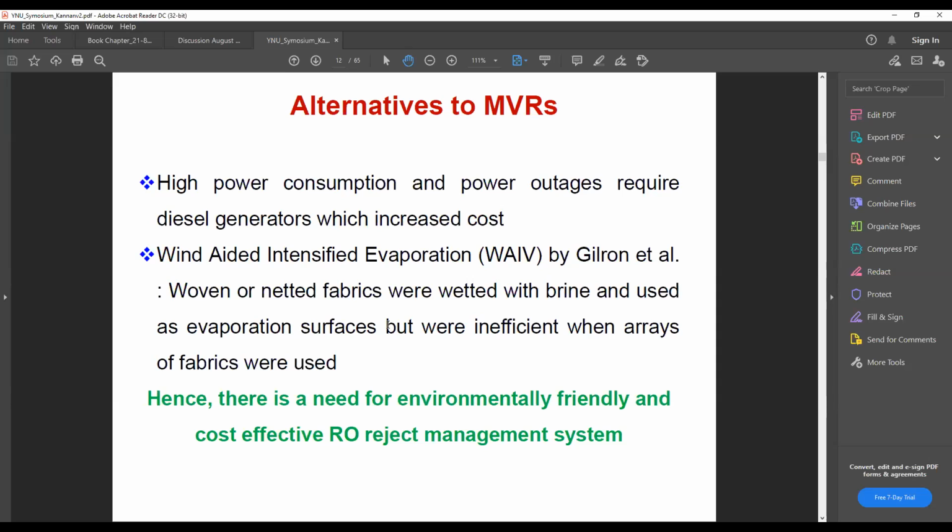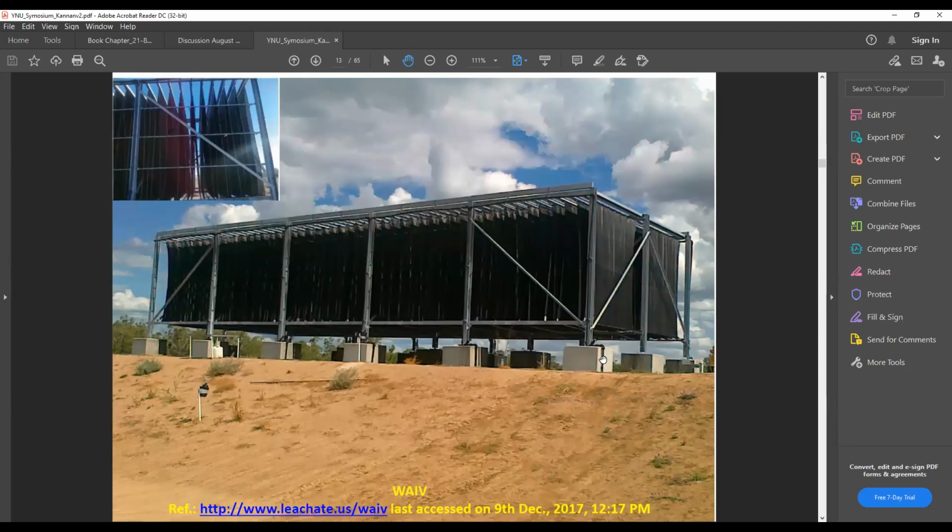But when arrays of fabrics were used, the overall efficiency declined. So this is the wind-aided intensified process. You can see the fabrics which are hung up, and the water is pumped over these fabrics, and the evaporation is realized, and the waste is further concentrated into a small volume.